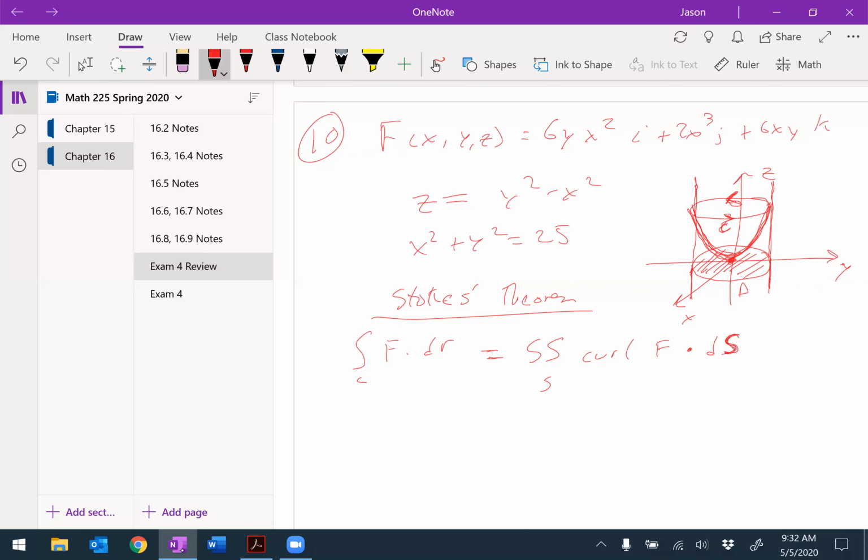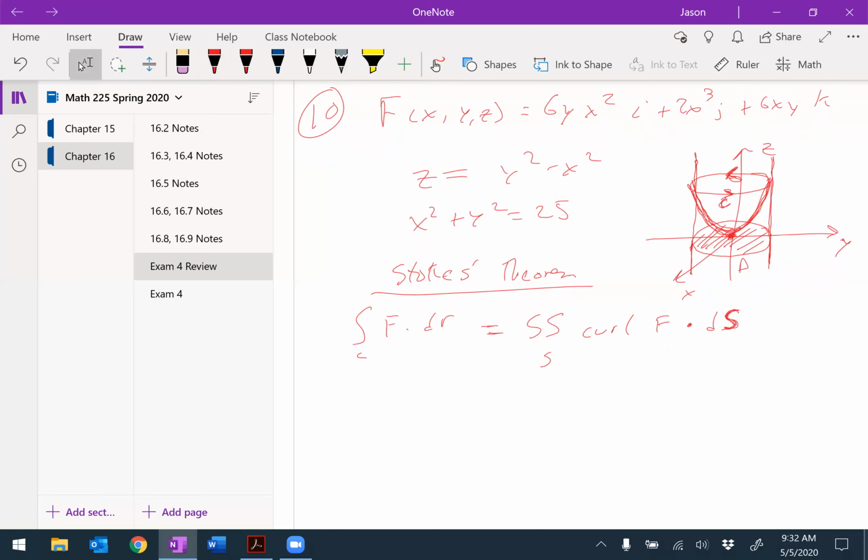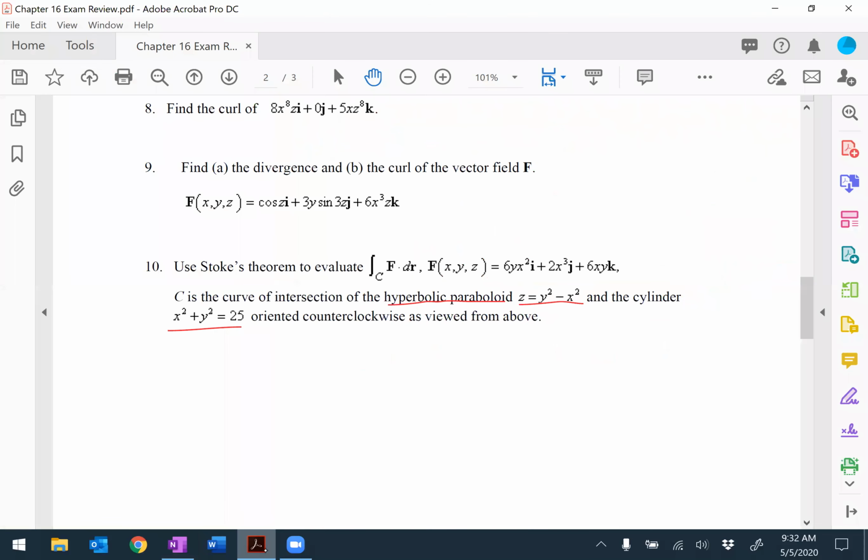We're integrating over the surface. So it's asking us to find the line integral, and we want to use the surface integral to calculate the line integral.